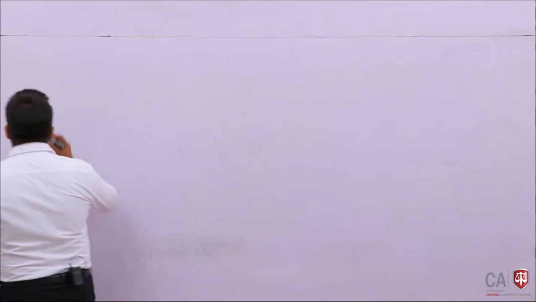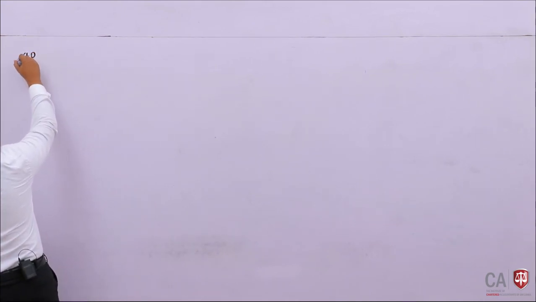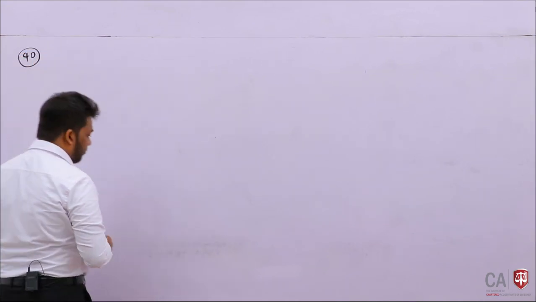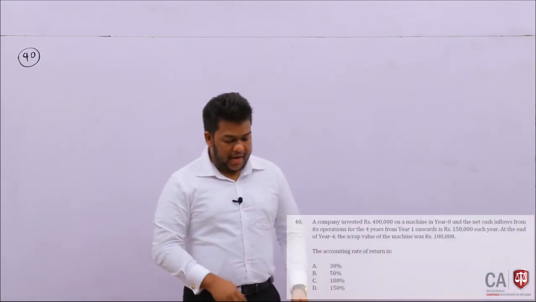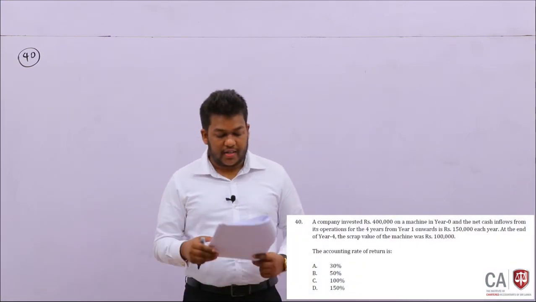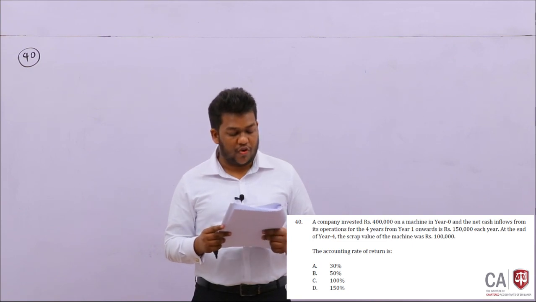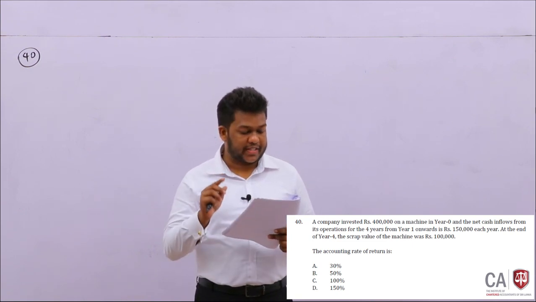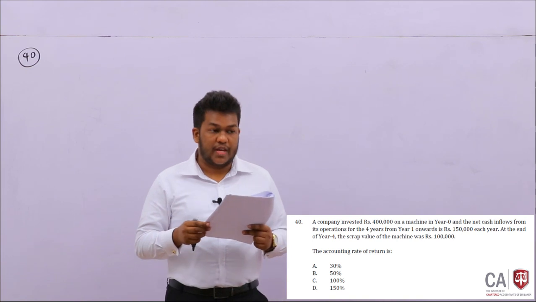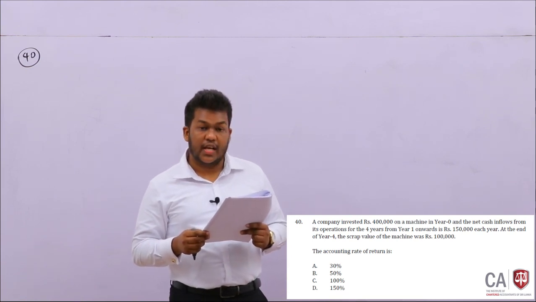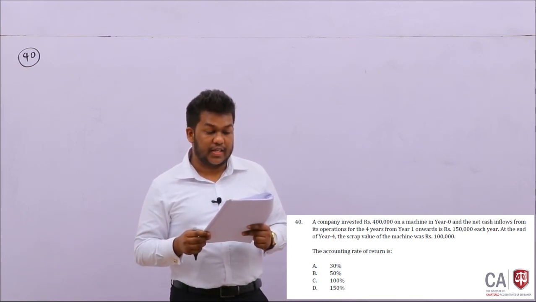Then question 40. A company invests rupees 400,000 on a machine in year 0 and the net cash inflows from its operations for the 4 years from year 1 onwards is rupees 150,000 each year.